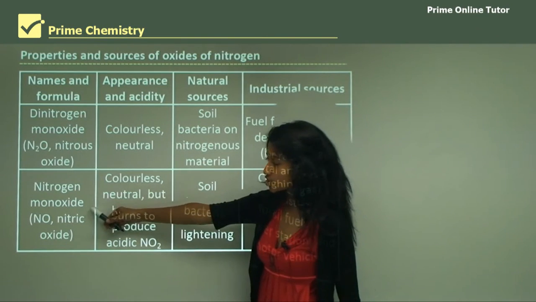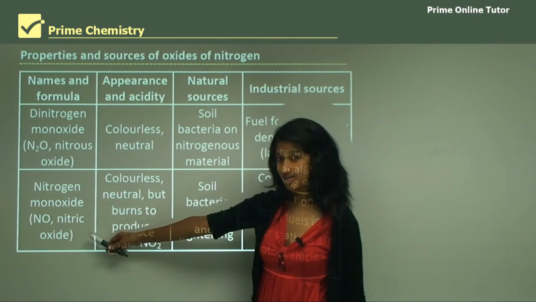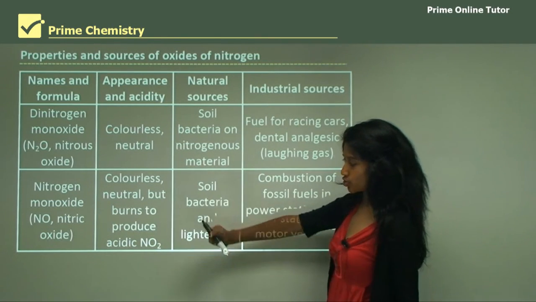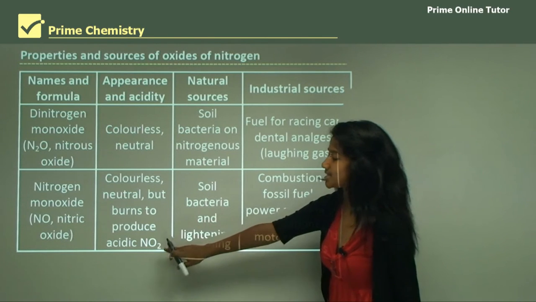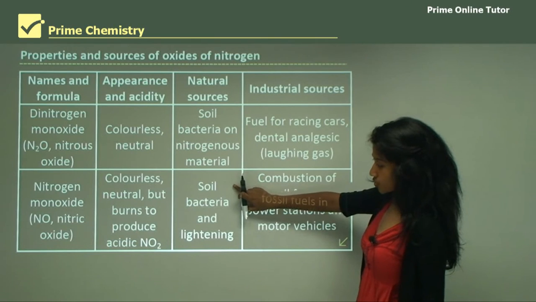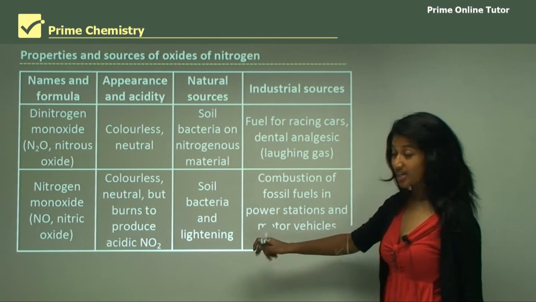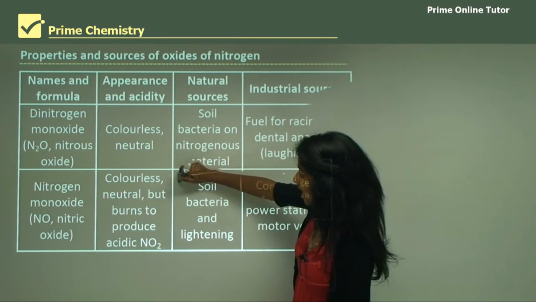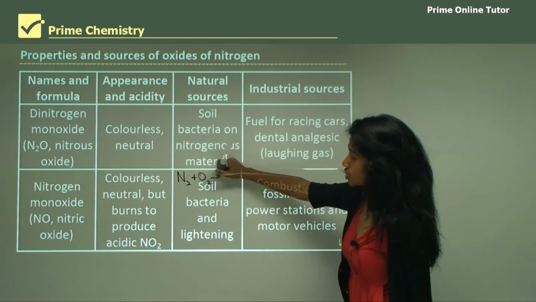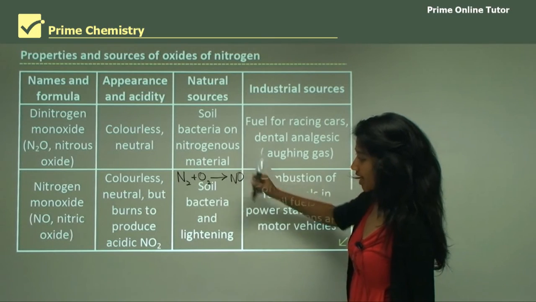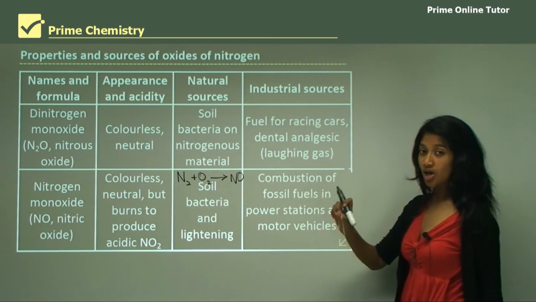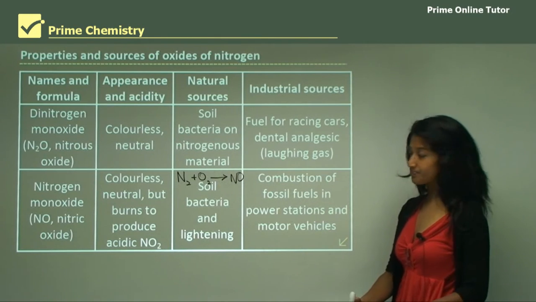Now we have nitrogen monoxide, which is nitric oxide, NO. It is colorless and neutral, but burns to produce acidic nitrogen dioxide. It is from soil bacteria and lightning. Again, lightning, because the nitrogen in the air reacts with the oxygen in the air to form nitrogen monoxide, nitric oxide, and this happens with a catalyst or the heat from lightning.